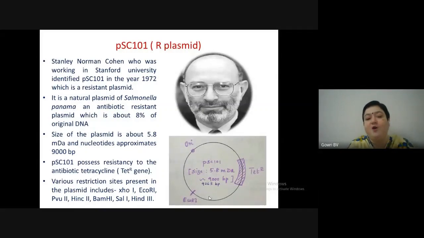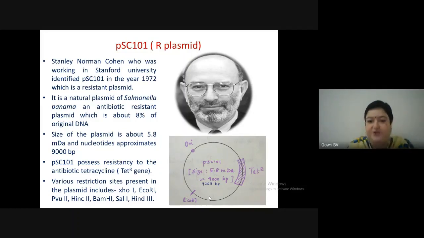If you use any of these, you can cut pSC101. That is why you call them multiple cloning or polylinking sites, because you can restrict it with so many different restriction endonucleases, and this vector system possesses unique restriction sites for so many different restriction endonucleases.